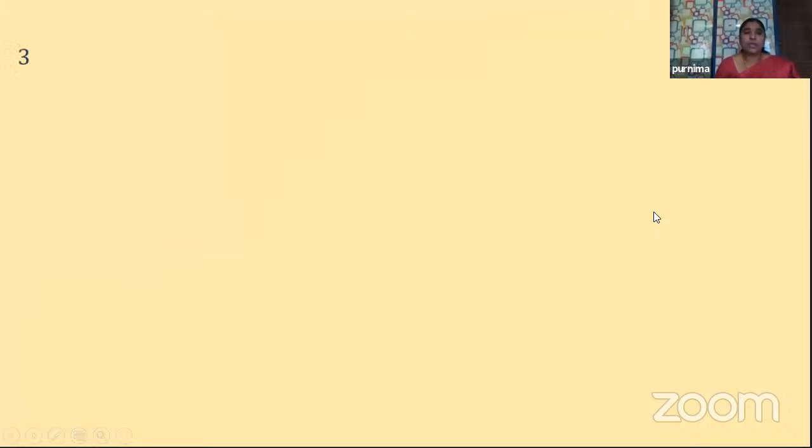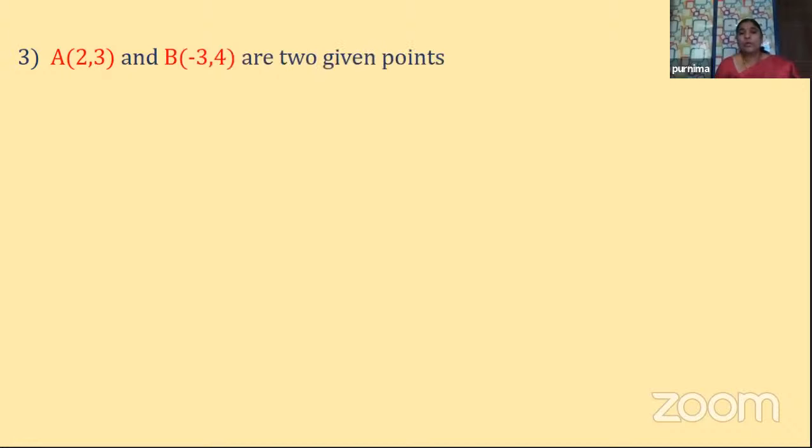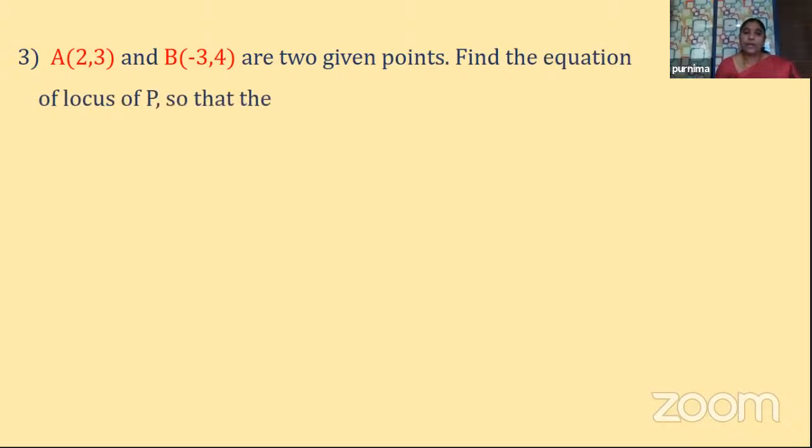So let us try to see a sum based on this area of triangle. Now here, what is the question? A (2, 3) and B (minus 3, 4) are 2 given points. Find the equation of locus of P so that the area of the triangle PAB is 8.5. So what is given here? It is given that A (2, 3) and B (minus 3, 4) are 2 given points.